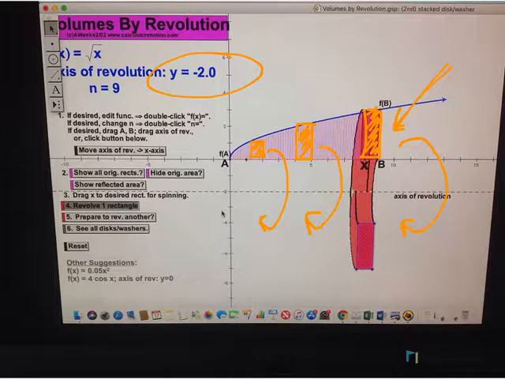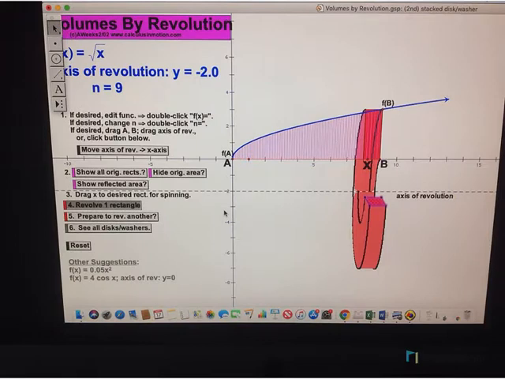And here we have a series of pictures from Geometer's Sketchpad to help us visualize our washer forming. So you can see our rectangle going behind the x-axis and doing the revolution. In this picture, it's completed about half the revolution. Here it's completed maybe 3/4 of the revolution.